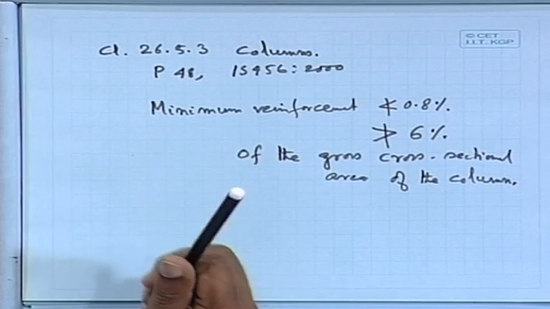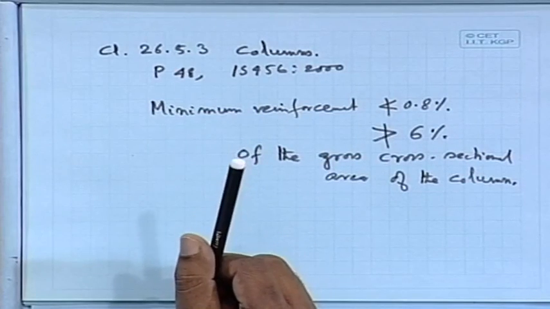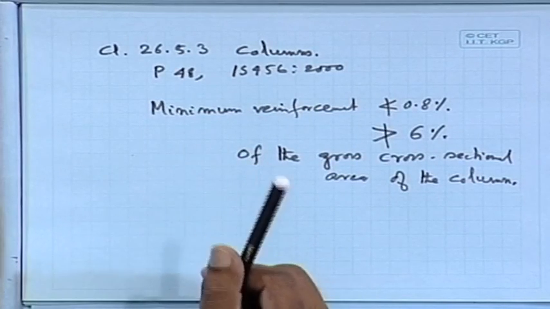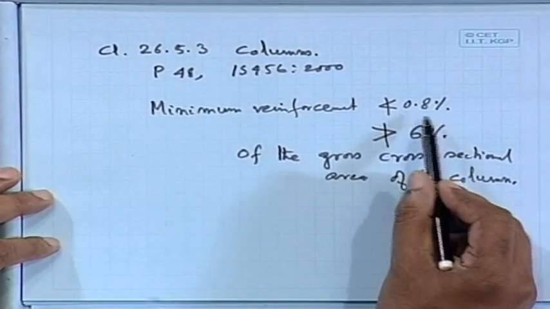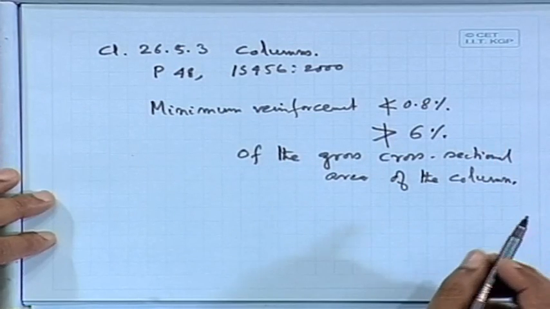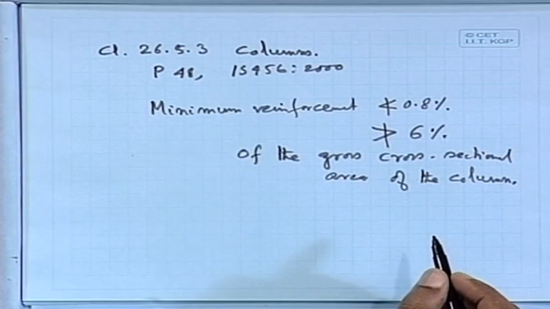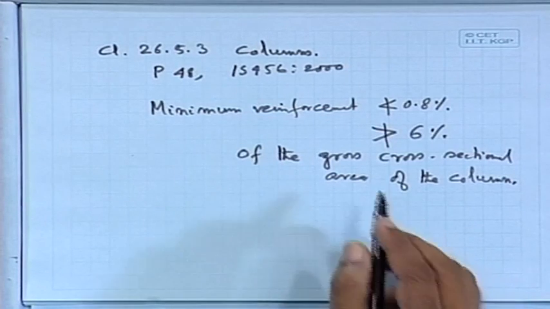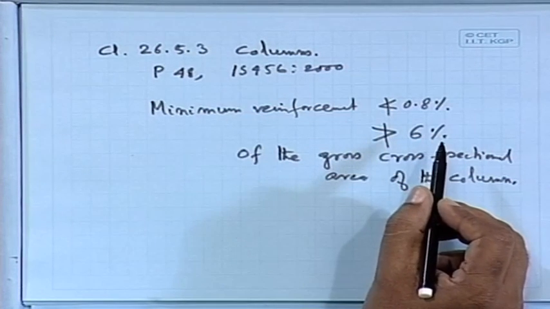So, in practical cases of a 250 by 250 section, the minimum reinforcement we can provide is 6 number of 12 bars, which comes to 1.02%. Though it is a little more than 0.8%, that is the one we can provide. So, this is the one that we should always follow.